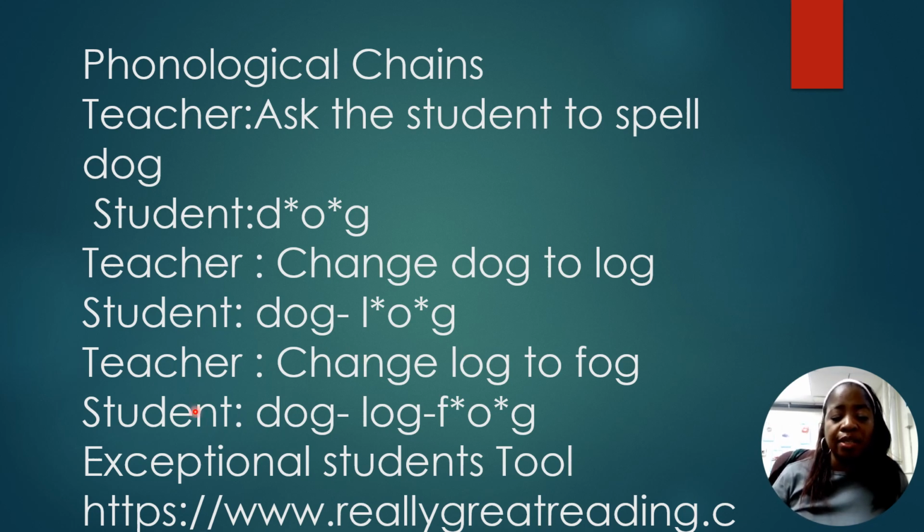The teacher would then say, great job, now change log to fog. So the student would say, I'm changing log to fog, and I'm going to take away L and put in an F, making it F-O-G.